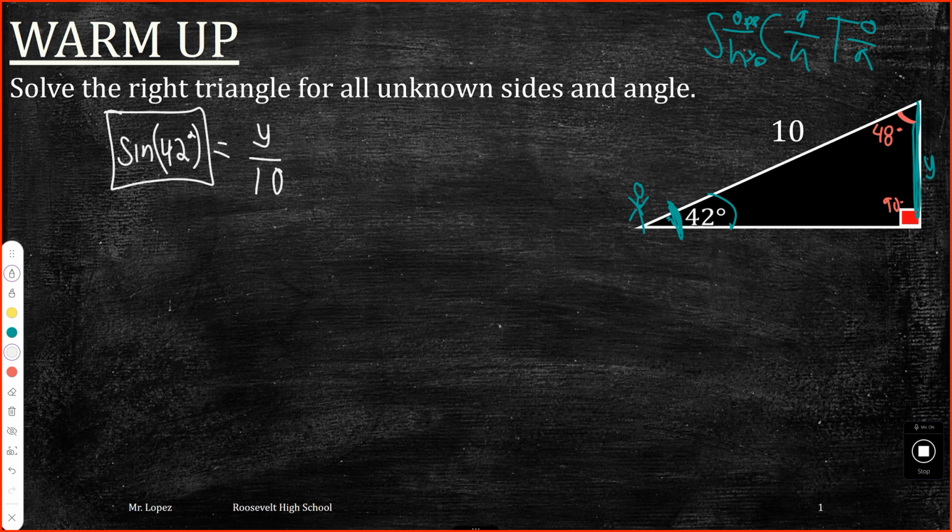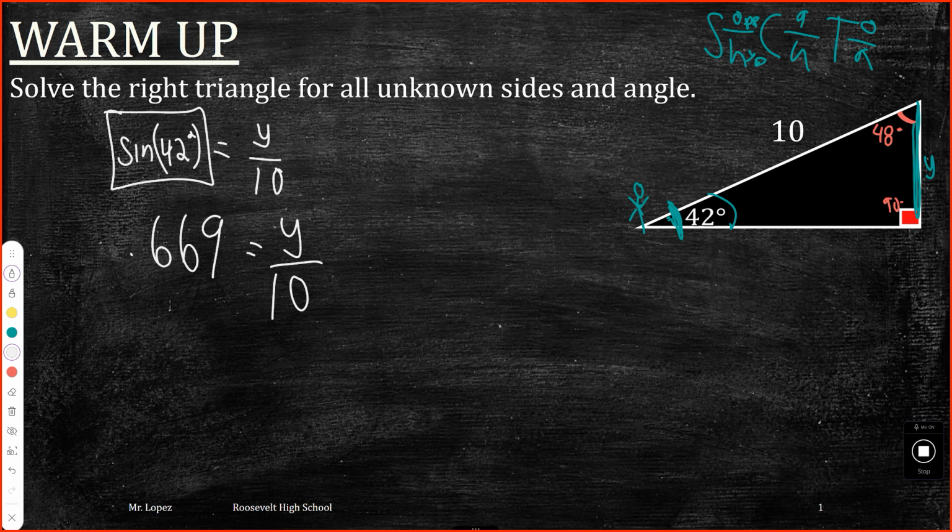So this calculator has it stored. If I go inside of the calculator, it's going to give me 0.669. I don't care to be storing that in my head. The calculator can store it. And now you can just go y over 10 is equal to that.